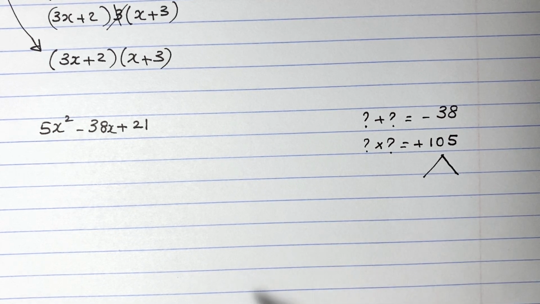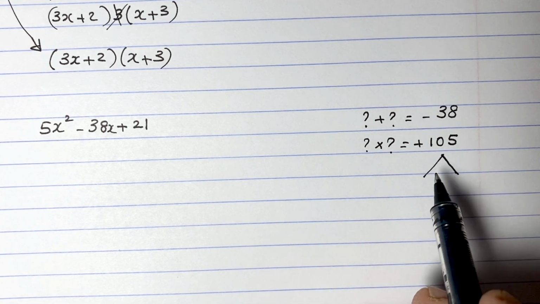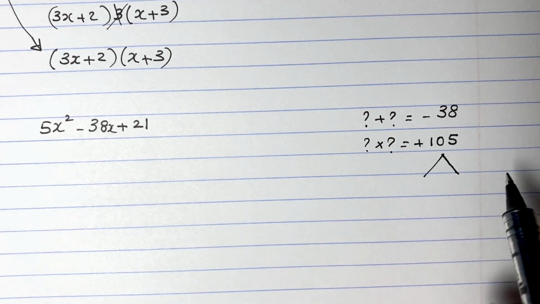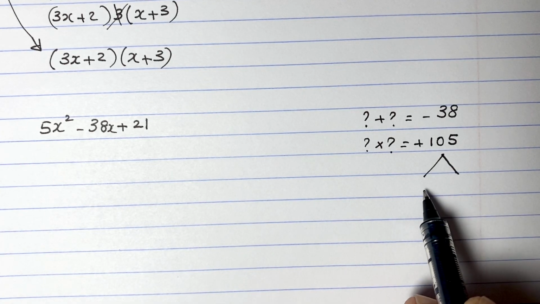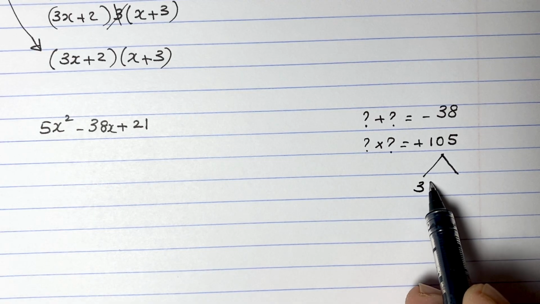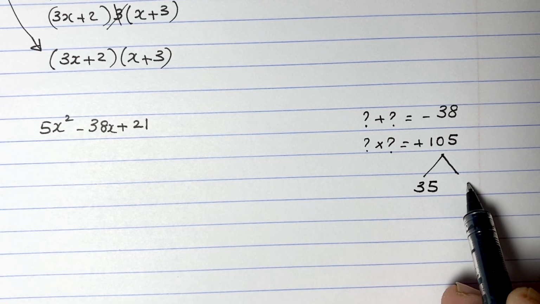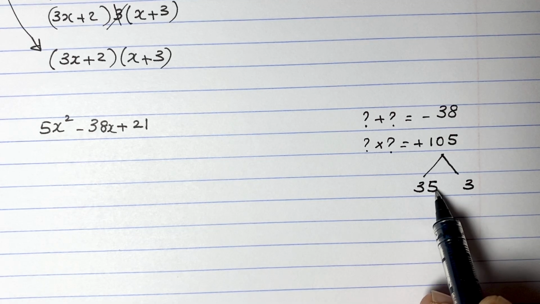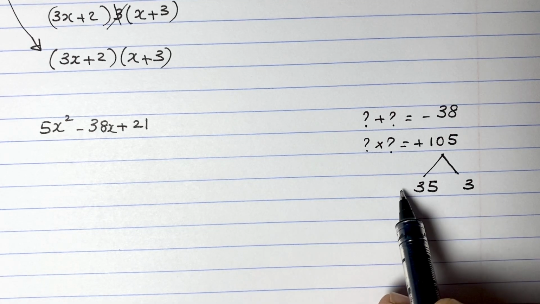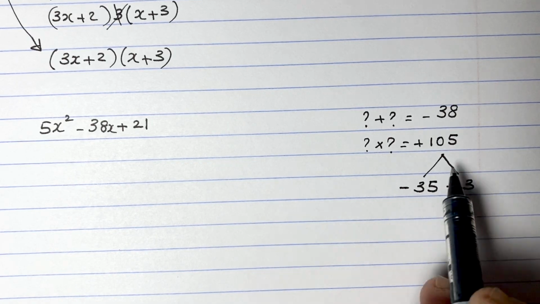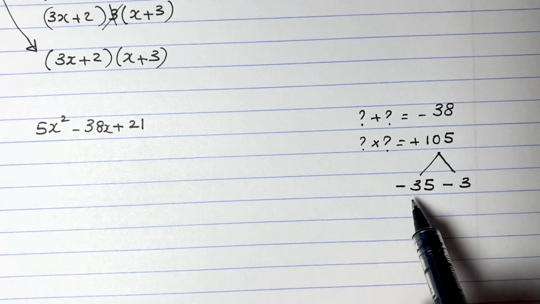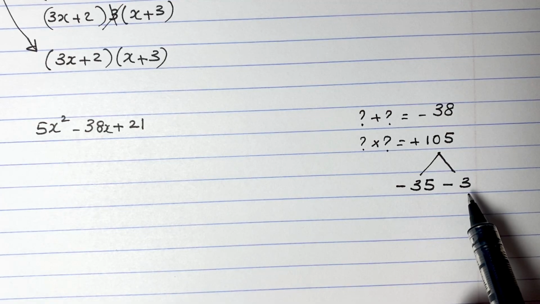Now, the two numbers that multiply to give me 105 and add to minus 38 must be 3 and 35. 3 times 5, 15, yes. And both are going to be minus. See, this was the difficulty here: being able to find these numbers quickly.